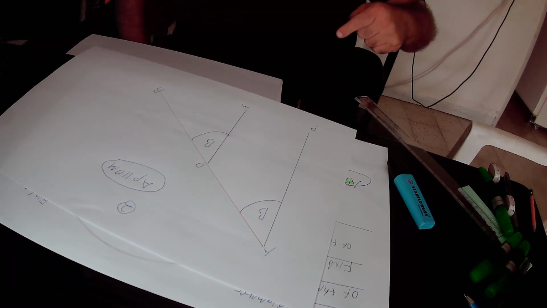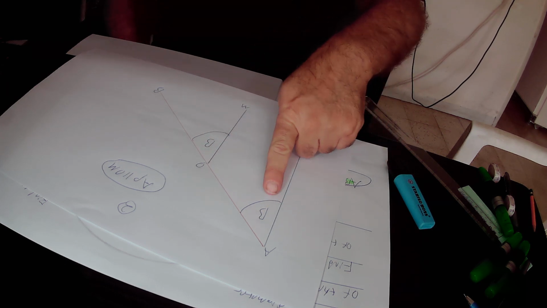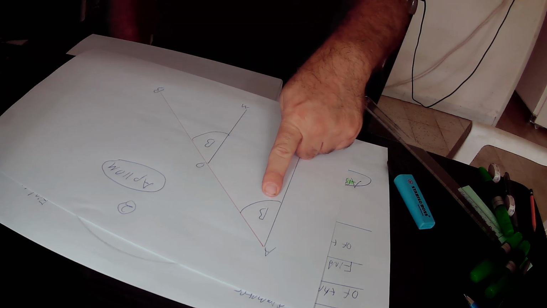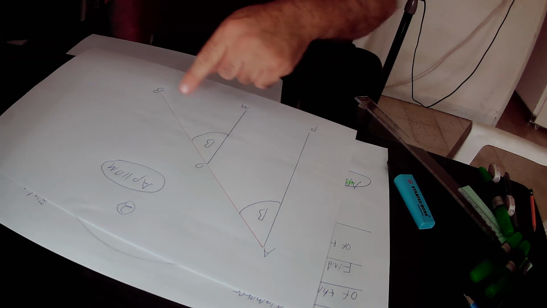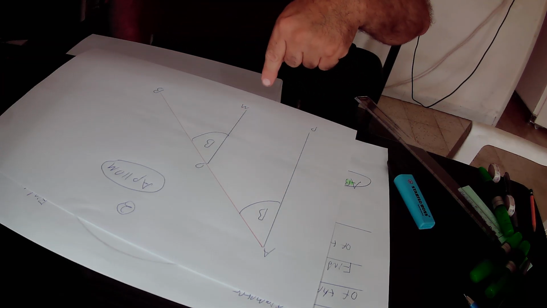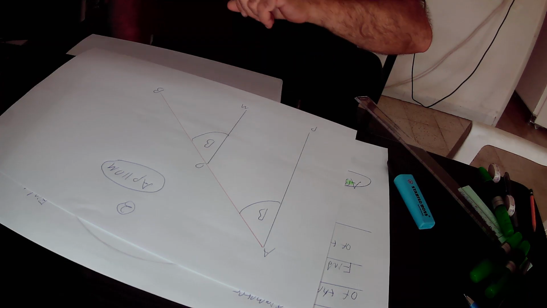So we found out that angle PAO is equal to beta, and angle MOB is also equal to beta.